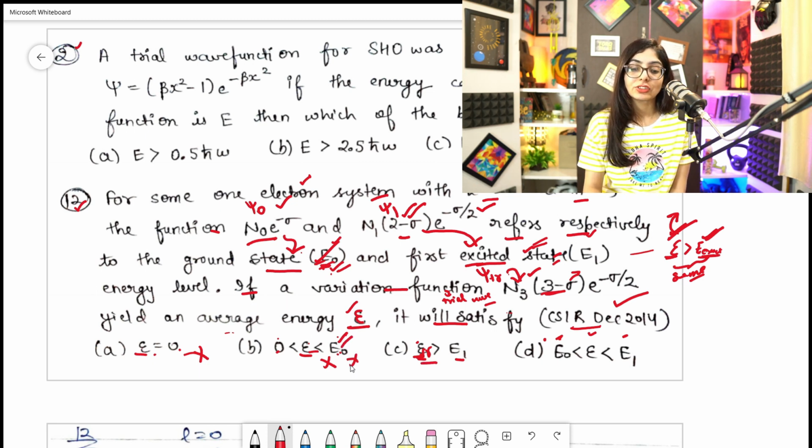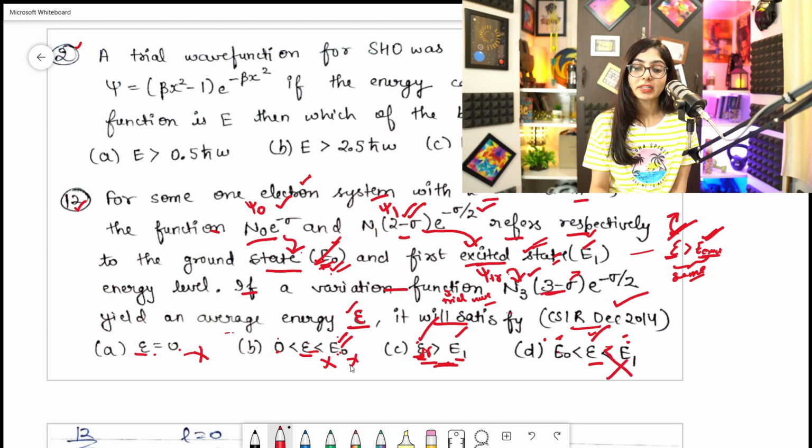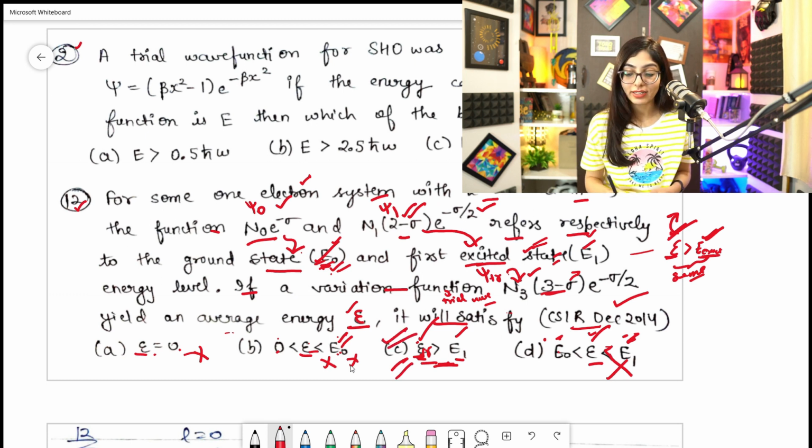So the trial wave energy is again greater than E1. Then again, E greater than E naught but less than E1 is again wrong, because E should be greater than E1, which fits the C option. So hence the C option is correct.